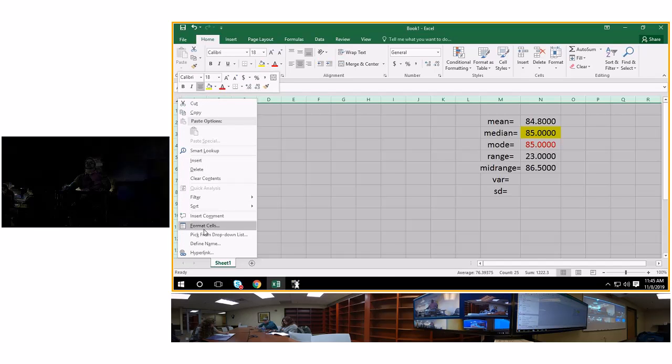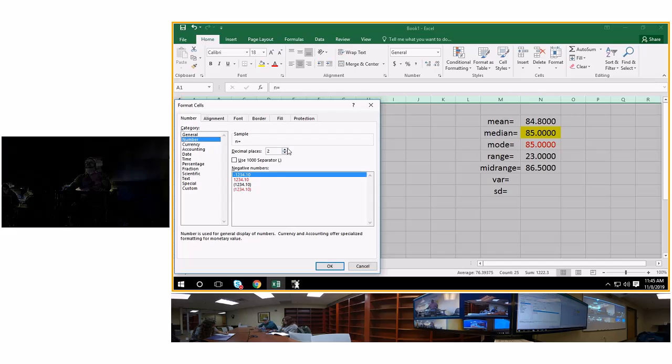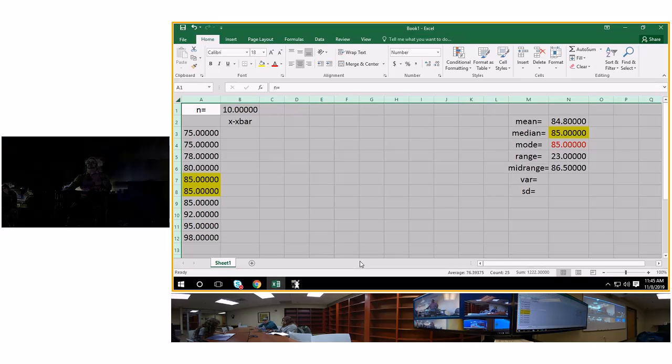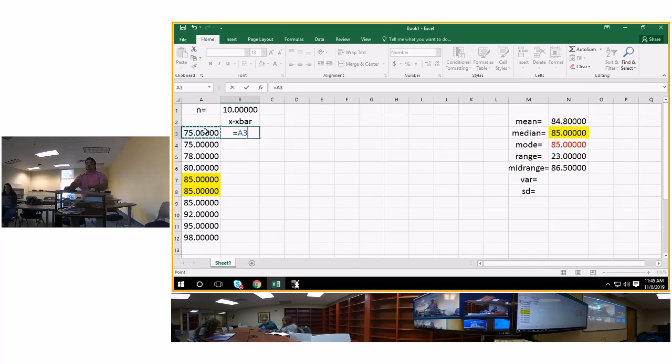So I'm gonna go to format, then number, and make everything 4 digits, 5 digits. There we go. So, equals this minus that. And since I'm going to copy down, I've got to lock this number. So I hit F4 and enter. And now I copy that down.